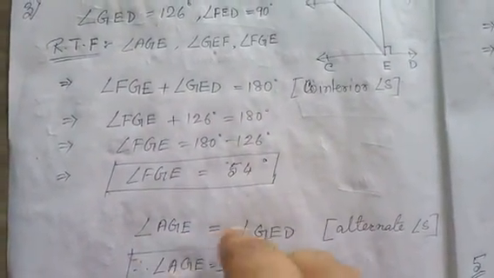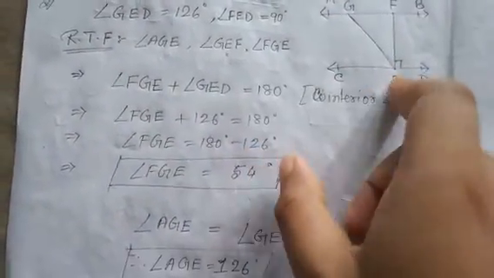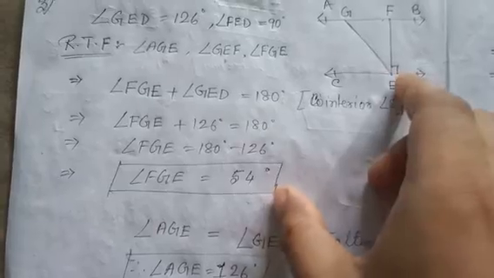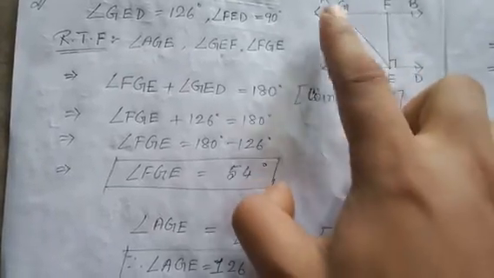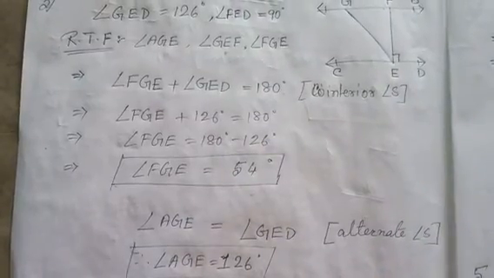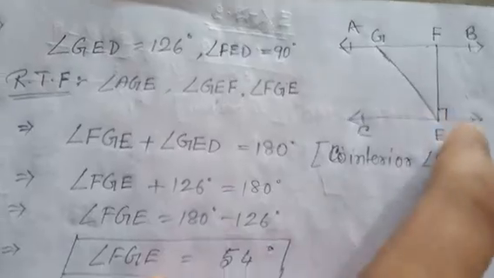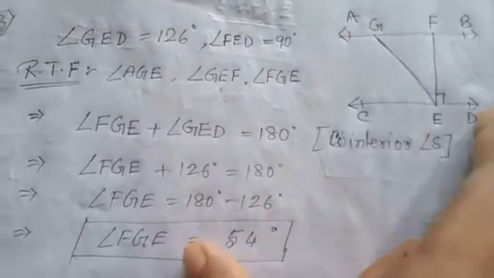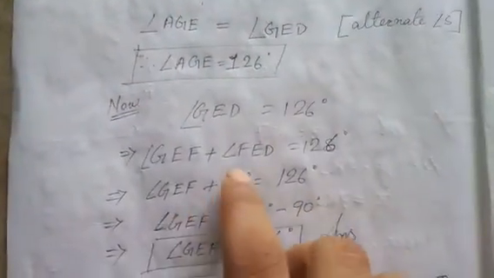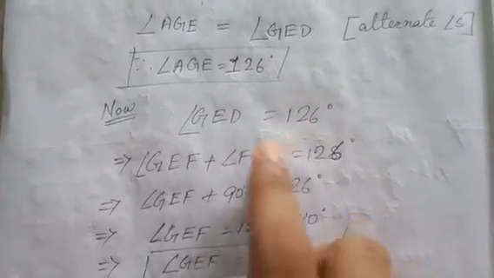AGE equals GED. This line and this line are parallel and it is a transversal, therefore these two angles are alternate angles. Therefore AGE is 126 degrees, AGE and GED alternate angles, Z formation. Now GED equals 126, given.